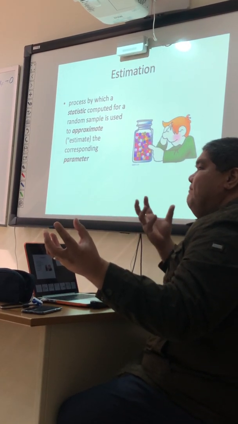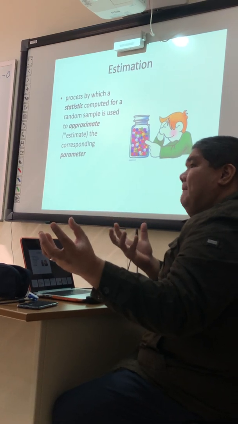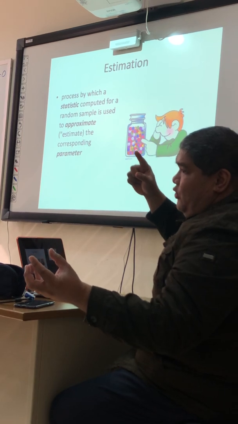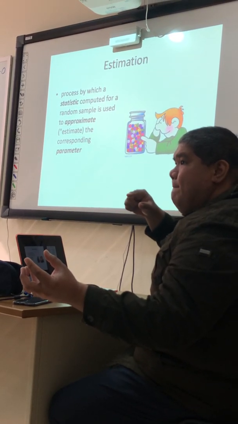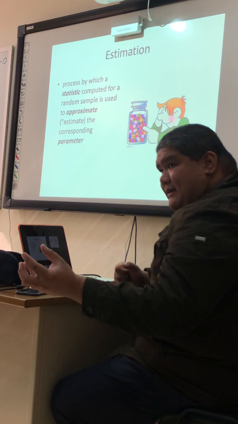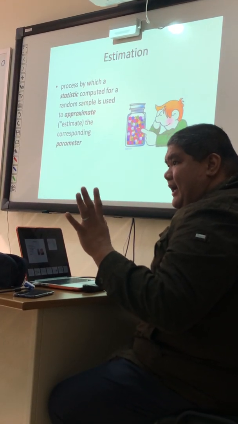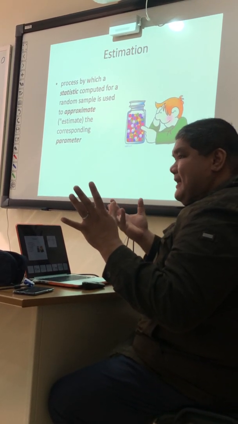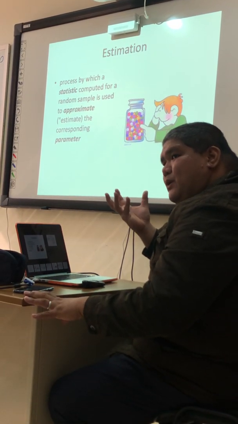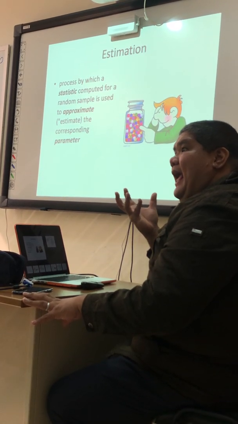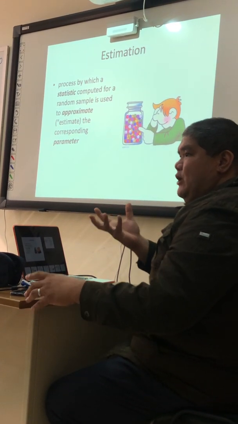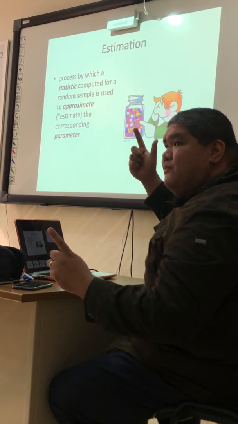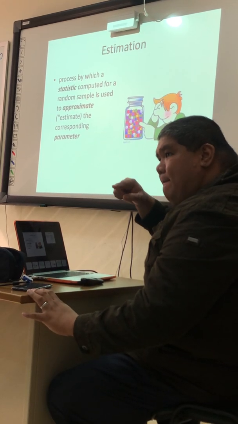So whatever mean you get from the sample, which is x bar, that is an estimate of the population parameter mu. Is it clear? Again, whatever the mean that you will get from the sample, what is the symbol of the mean in the sample? X bar. Whatever the value of the x bar from the sample, that is the estimate of the population parameter mu.